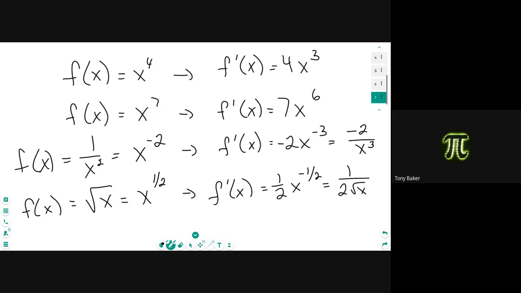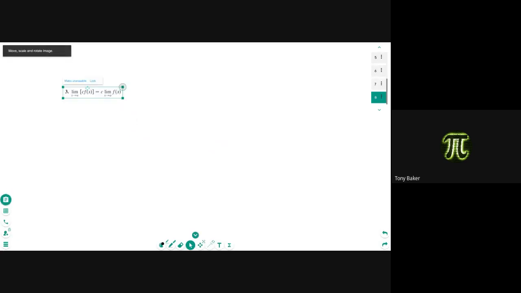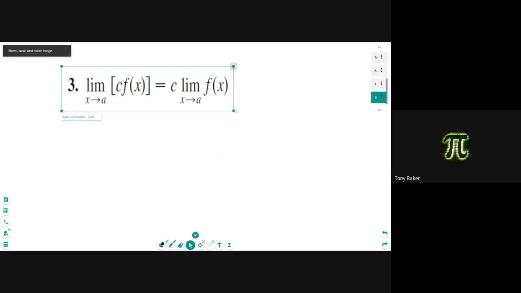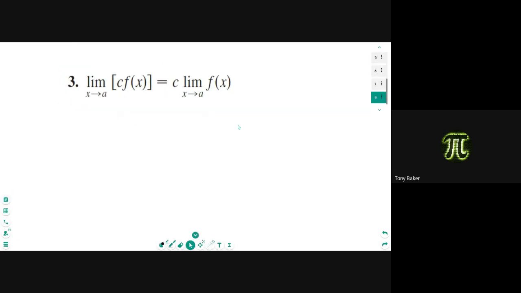There it is. Remember that rule? If I have a constant with the limit, I can pull the constant out and just do the limit of the thing inside.